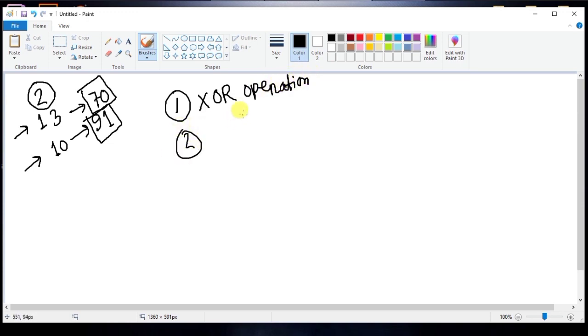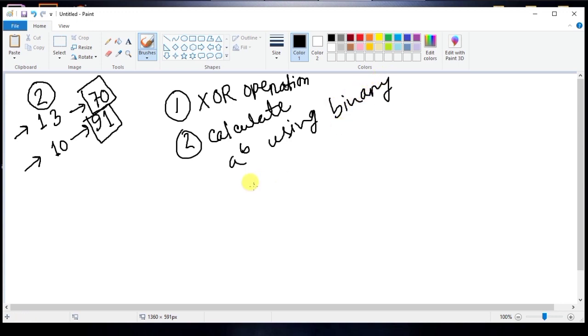Secondly, you need to know how to calculate a raised to the power b using binary exponentiation.